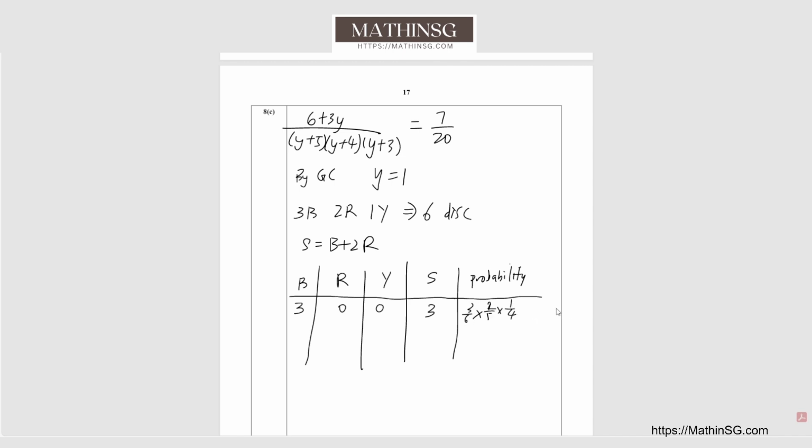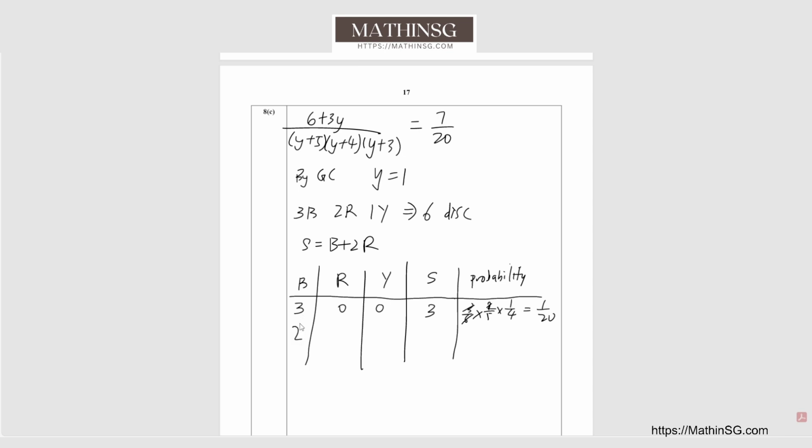This gives 6 over 6 times 5 times 4, so it's 1 over 20, because 3 times 2 is 6, so I can cancel. There are no other possibilities for having 3 blue, because I'm only going to select 3 discs.